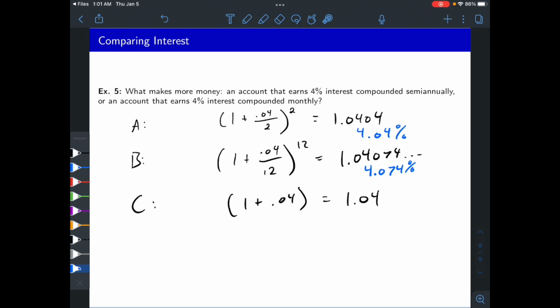So from looking at just this number right here in the P times 1 plus r over n to the nt, if you just look at this number, 1 plus r over n to the n, and just subtract 1 from that number, that tells you what your interest rate is. Over here, of course, I'm converting this to a percentage, so I take away the 1, I have 0.04, and then I move the decimal right 2 places to convert to a percent.